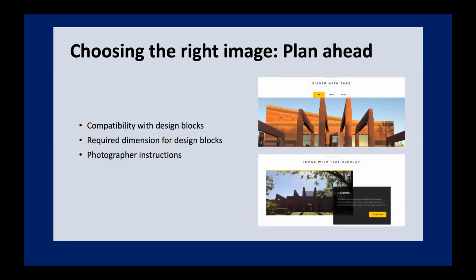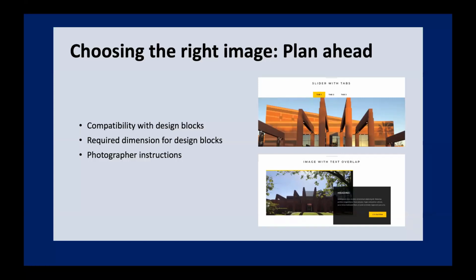Planning ahead. Let's say you're laying out your page and you have a design block that you really want to use. Keep in mind that some of the design blocks work better with certain size photos. For example, the slider on the tabs that you see on the right-hand side works really well with very wide screen-sized images that are going to take up the whole screen size.